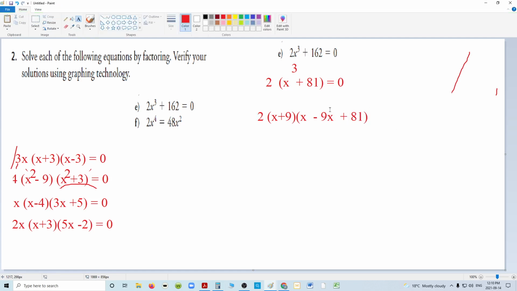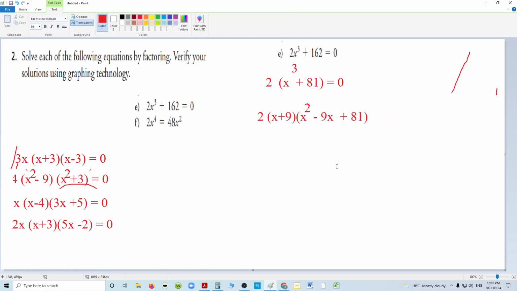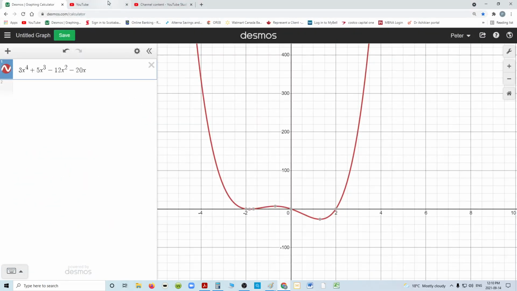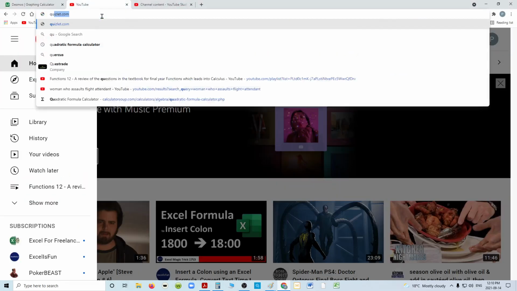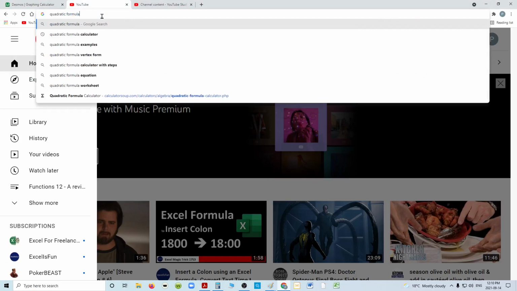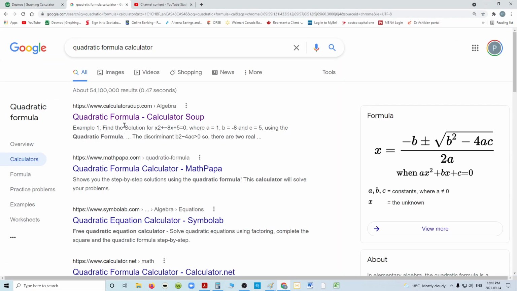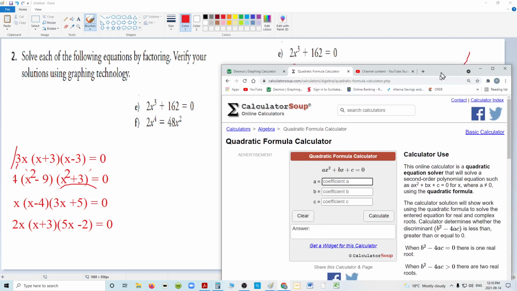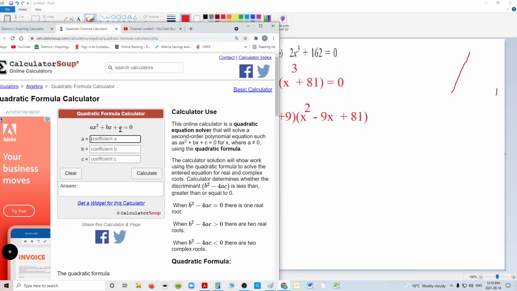And I can't factor the second one anymore. If it has roots, you could use a quadratic calculator. You just put in those a, b, c values here if you wanted to graph it.